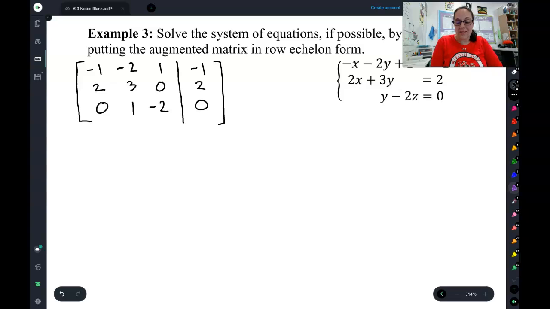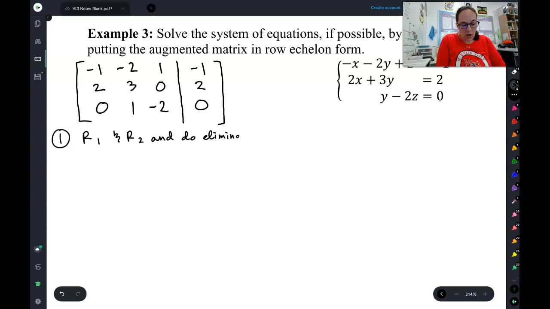Now, to get the zeros in the right place, we're going to do the same 3 steps that we did in the first video. So if you remember, the first step we did was we did row 1 and row 2, and we did elimination on the first column.